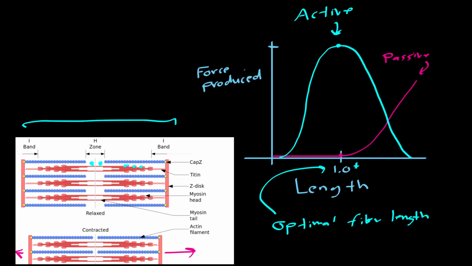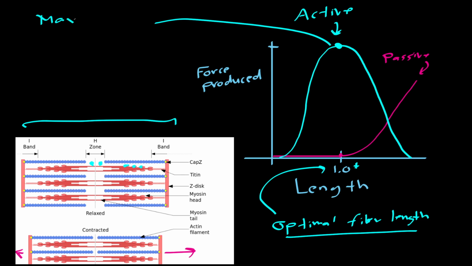And we generally plot this force length curve as a fraction of the optimal fiber length. So it's like 1.0 is defined as the optimal fiber length. Of course, that's where the force production capability is the greatest, and that's a special name. That special name is the maximum isometric force production.